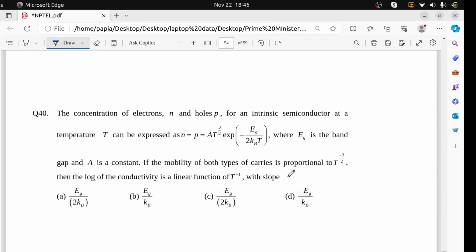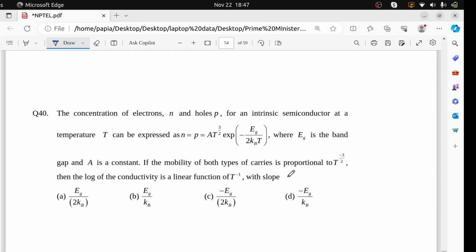The concentration of electrons N and holes P for an intrinsic semiconductor at a temperature T can be expressed as N equals P equals A T to the power 3 by 2 e to the power minus Eg by 2 kBT, where Eg is the band gap and A is a constant. If the mobility of both types of carriers is proportional to T to the power minus 3 by 2, then the log of the conductivity is a linear function of T inverse with slope how much?